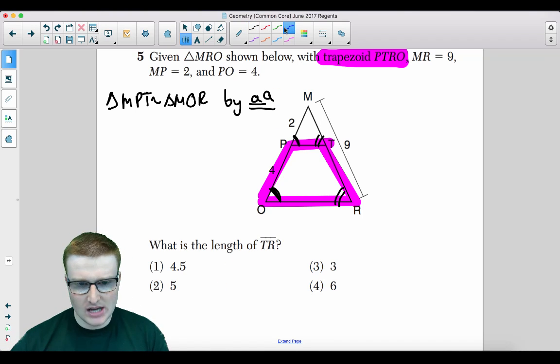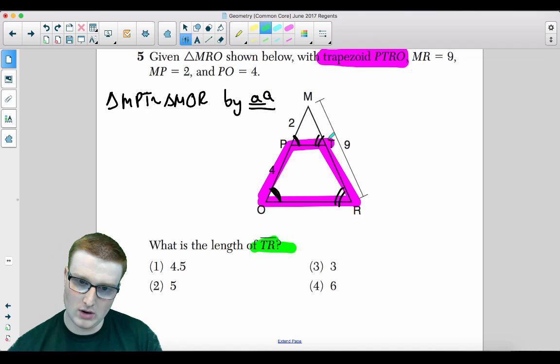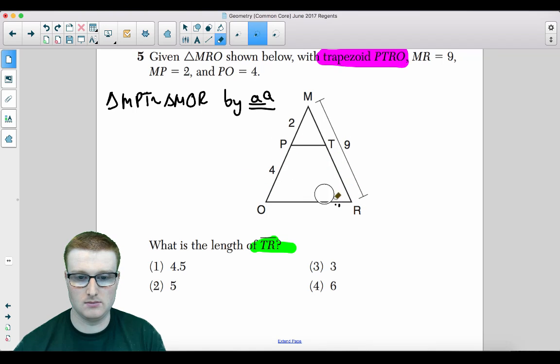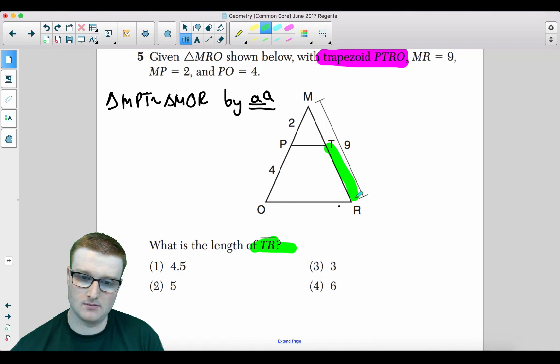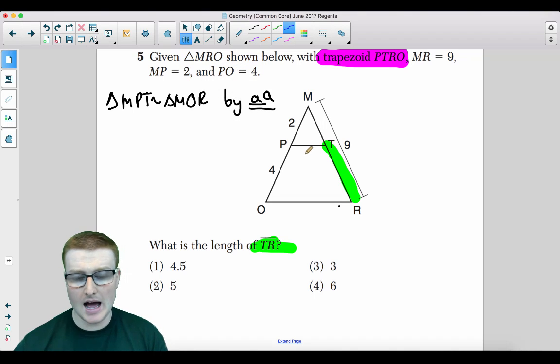So I want to solve for TR. That is the goal, to solve for TR, which is right here. Okay, trying to solve for that. There's actually two ways that you can solve this proportion.